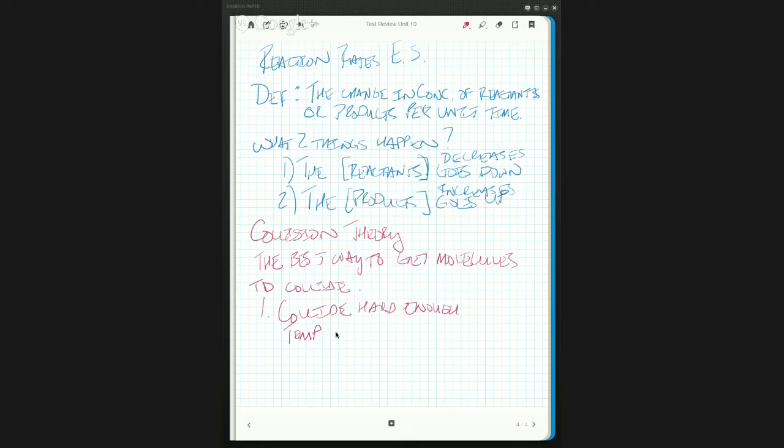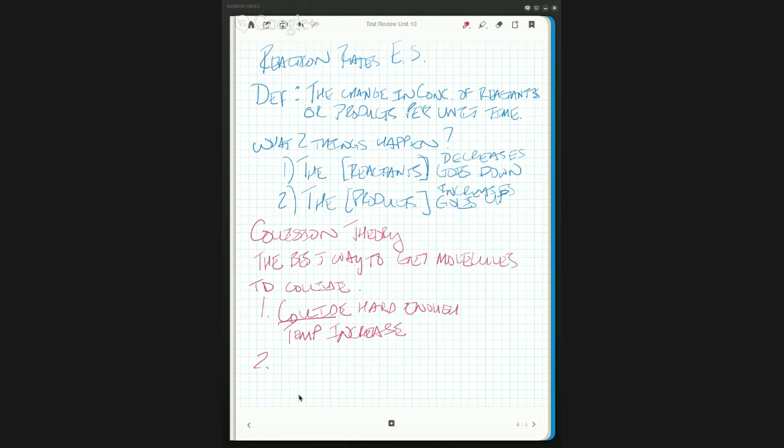So if we increase temperature, then the molecules collide hard enough, so then we're going to have more reactions. Increase in temperature, increase collisions. If we decrease temperature, we decrease collisions, and that decreases the reaction rate. So all of these are kind of vice versa.